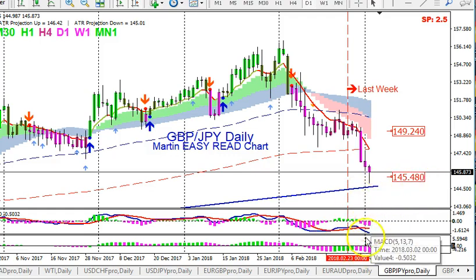We have pink over here in the long term trending indicator. Blue line is below the signal and also below zero. So I do think price is going to come down lower, but look at sells below 145.48 and to the upside above 149.24. So price would have to come all the way here to the upside.